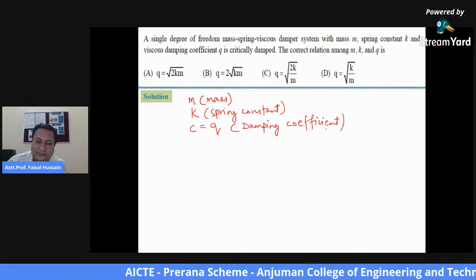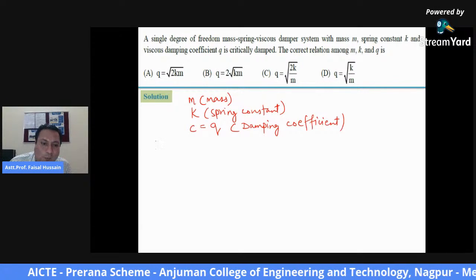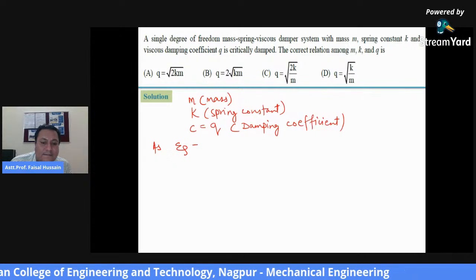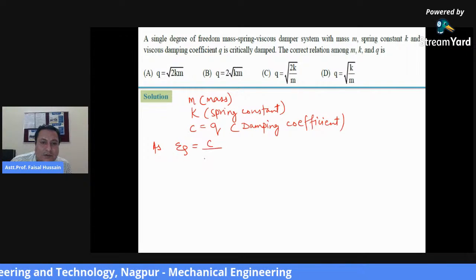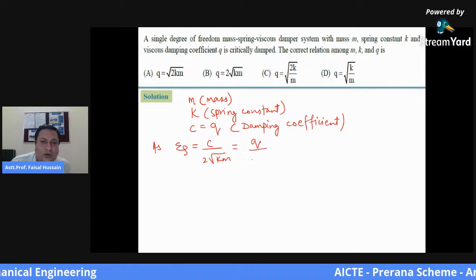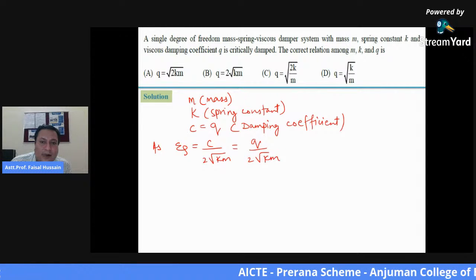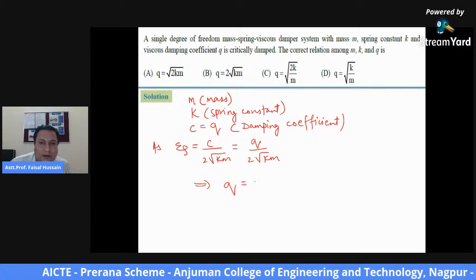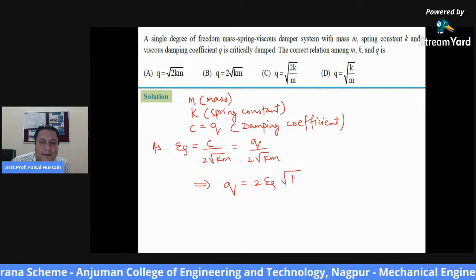So how we will determine? Now, as we have discussed earlier, what is zeta? Zeta is c upon 2 under root km. So instead of c, I will write q upon 2 under root km. So this implies what will be q? q will be 2 zeta under root km.